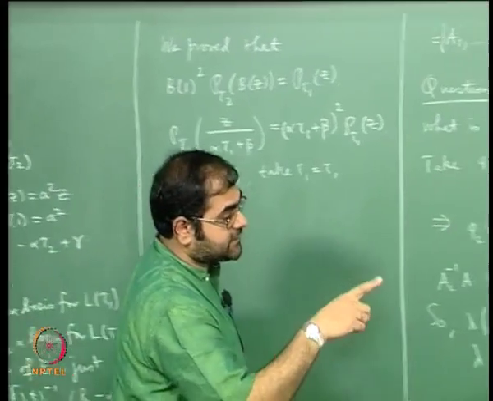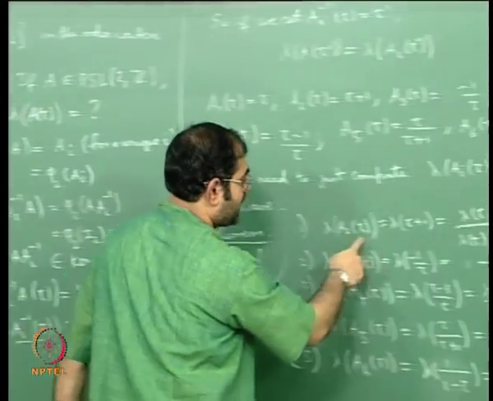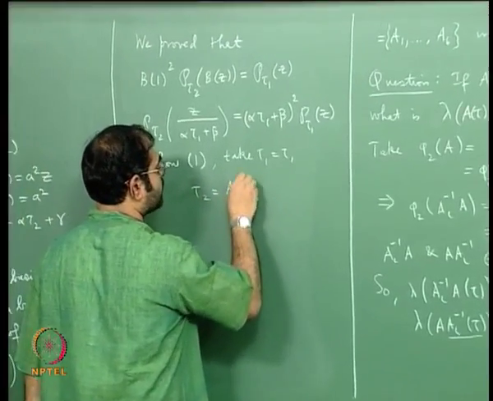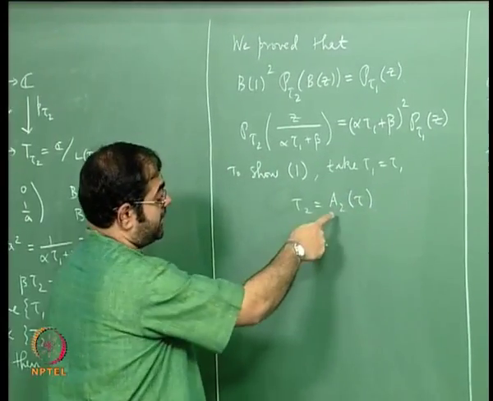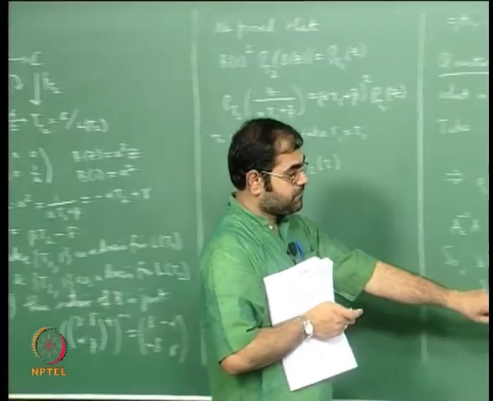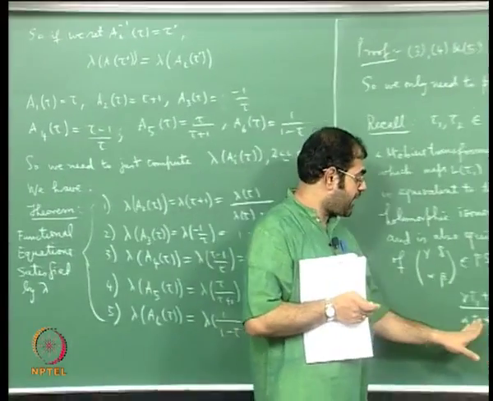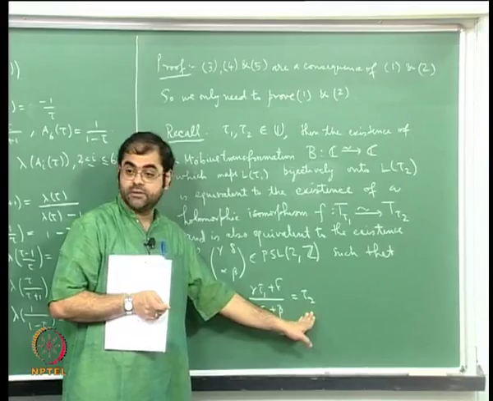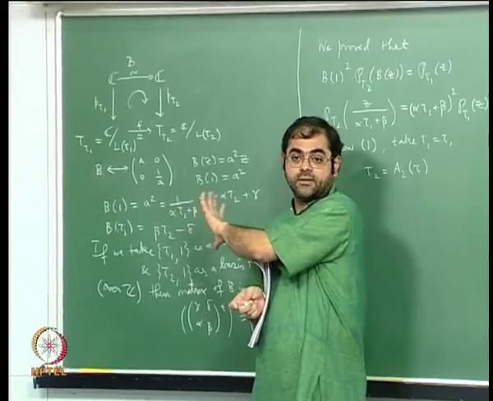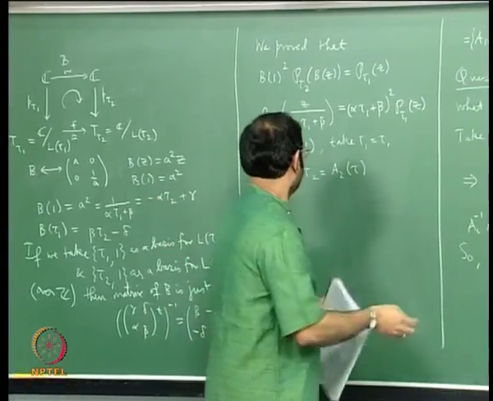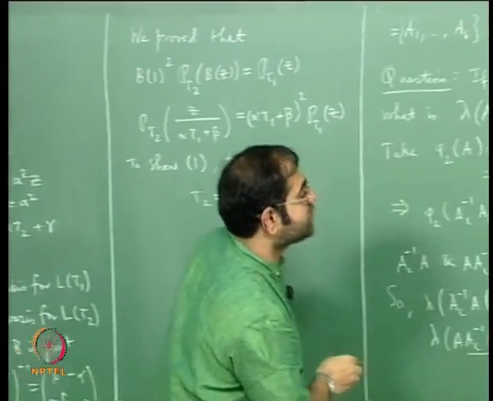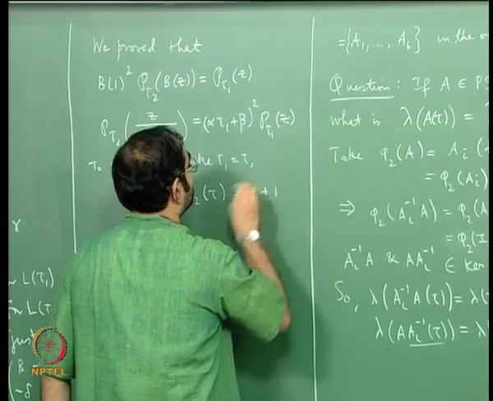Notice that A2 of tau is tau plus 1, so tau 2 is A2 of tau. I have to take the unimodular element that takes tau 1 to tau 2. One should not get confused with the b there.